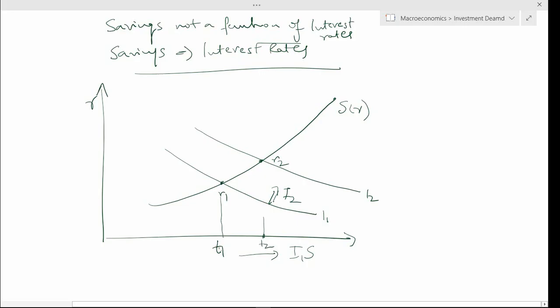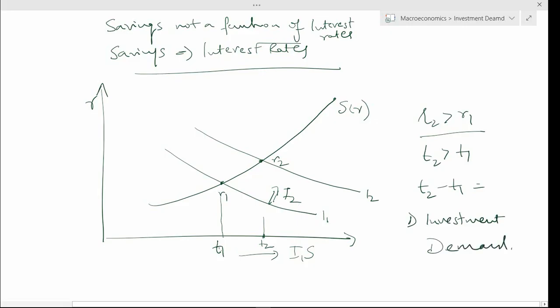not only do the interest rates go up, it also increases the investment demand. So the quantity of the investment demand increases. So this is T1 and this is T2. So R2 is greater than R1, but at the same time T2 is greater than T1.